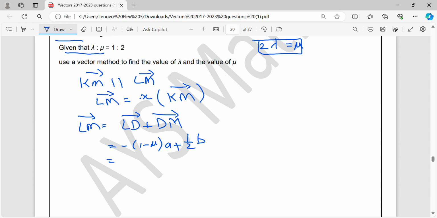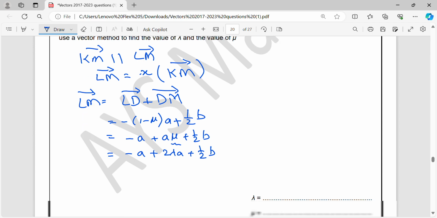Let's expand the bracket: minus a plus a nu plus 1/2 b. I know that nu equals 2 lambda, so in place of nu I can write 2 lambda: minus a plus 2 lambda a plus 1/2 b. This is LM.